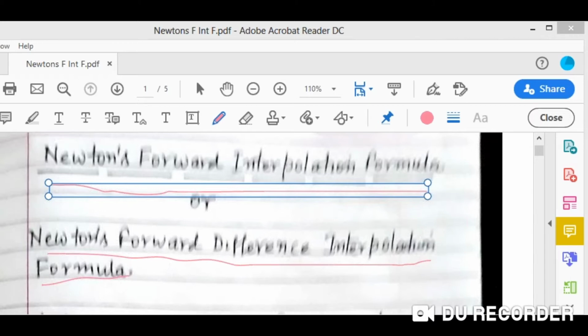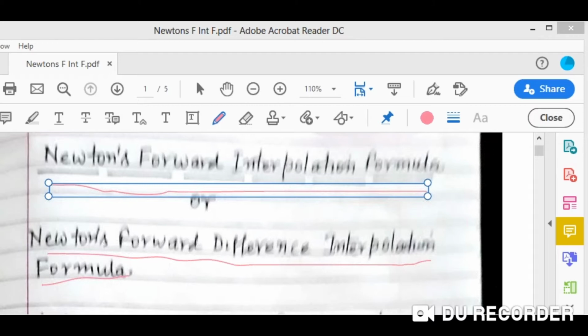Thereafter, we have seen several difference operators. What are the main difference operators? Let us revisit once more. The first one was the forward difference operator. Second one was the backward difference operator. Third one was the shift operator. Fourth one was the central difference operator.